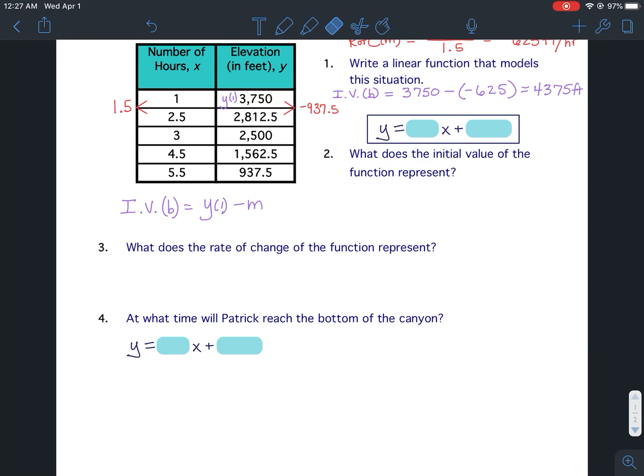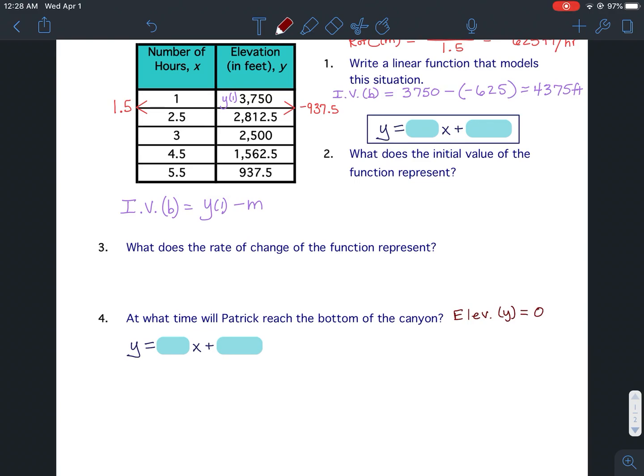Remember, he's hiking down, so he starts at 4,375, and each hour that decreases by 625 feet. Eventually, he's going to reach the bottom of the canyon, and when he does, his elevation, in other words y, will equal 0.